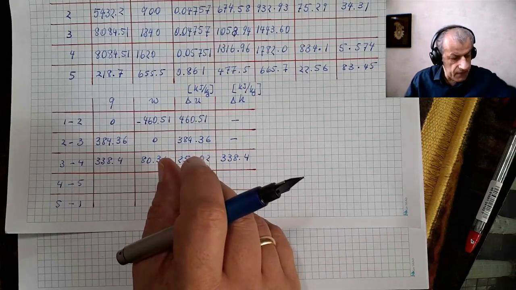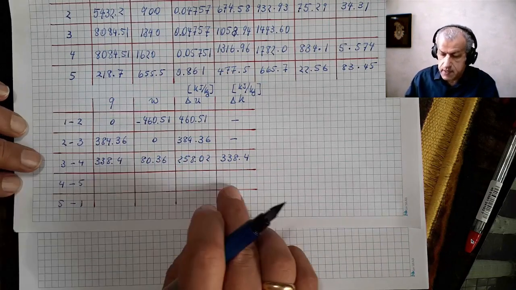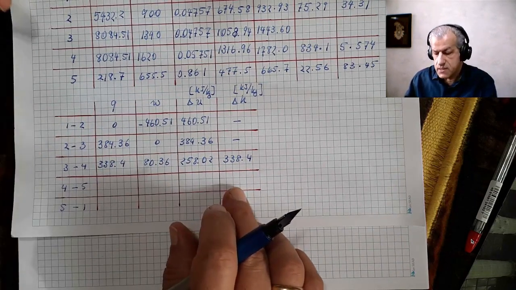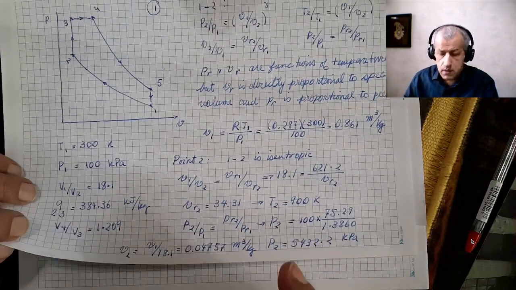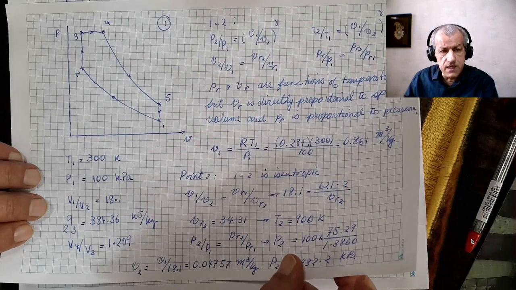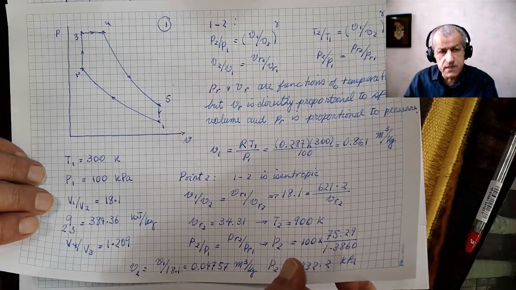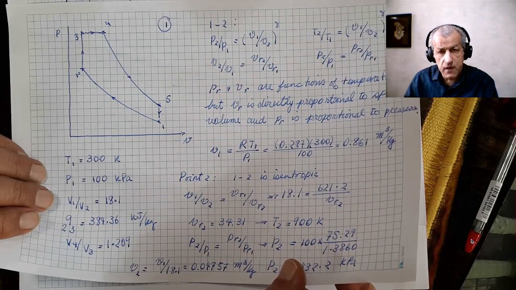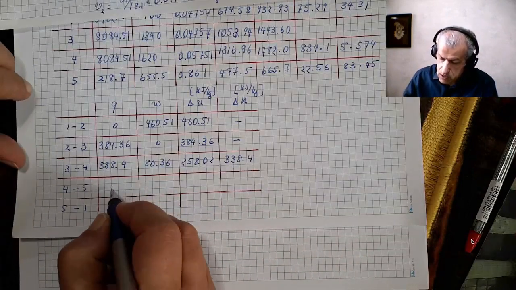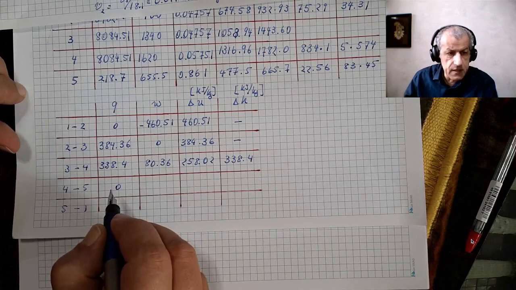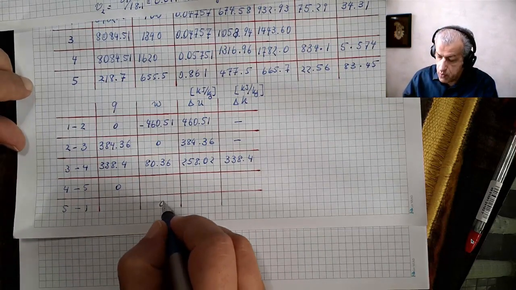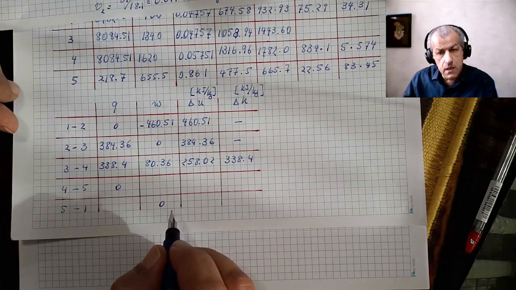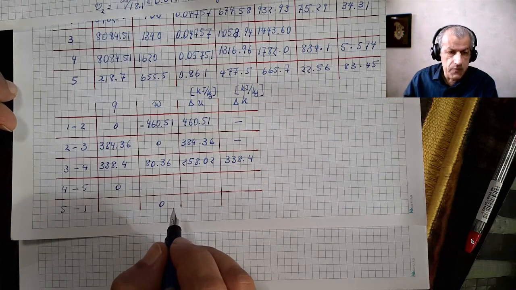All we are left with are two processes here in this table, which are processes 4-5 and 5-1. The two very easy pieces of knowledge that we have about these two processes is that process 4-5 is adiabatic, so Q is 0, and for process 5-1, work is 0 because, as is assumed, there is no movement of the piston.